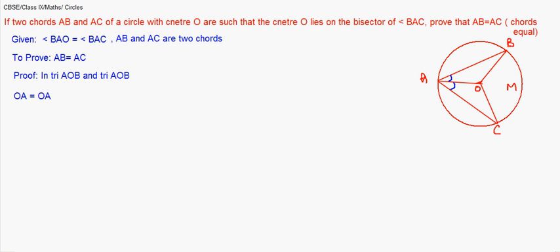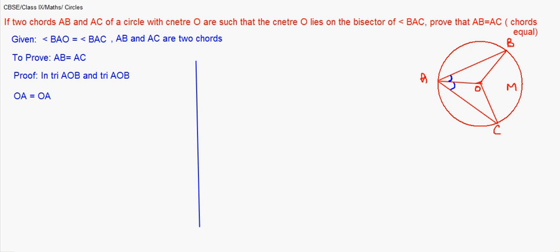Now we have to derive something from the other information given. See, if this angle is given equal, look at OA is equal to OB. I separately take this part here.